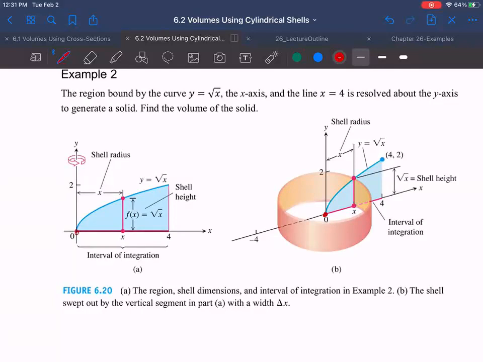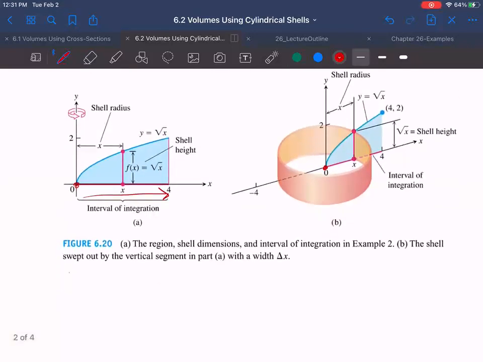So if we look at our graph, it starts here at 0, and then it goes out to x equals 4. So that's where we're stopping. If it was x equals 5, we'd go 0 to 5. If x equals 100, we go 0 to 100. So it's just how far we're moving along the x-axis, and we're going from 0 to 4 there. So 0 to 4, it's from the y-axis out to that 4.